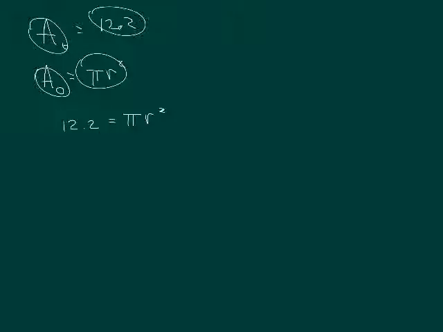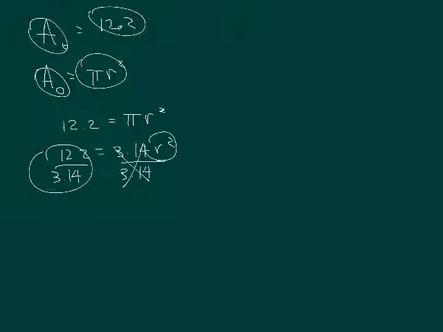Okay? Well, if I took 12.2 and I changed pi to 3.14 and left the rest the same, and I wanted to find r, I divide both sides by 3.14. Those cancel. So this then equals r squared. So 3.89, which is what this divides to, is equal to r squared.